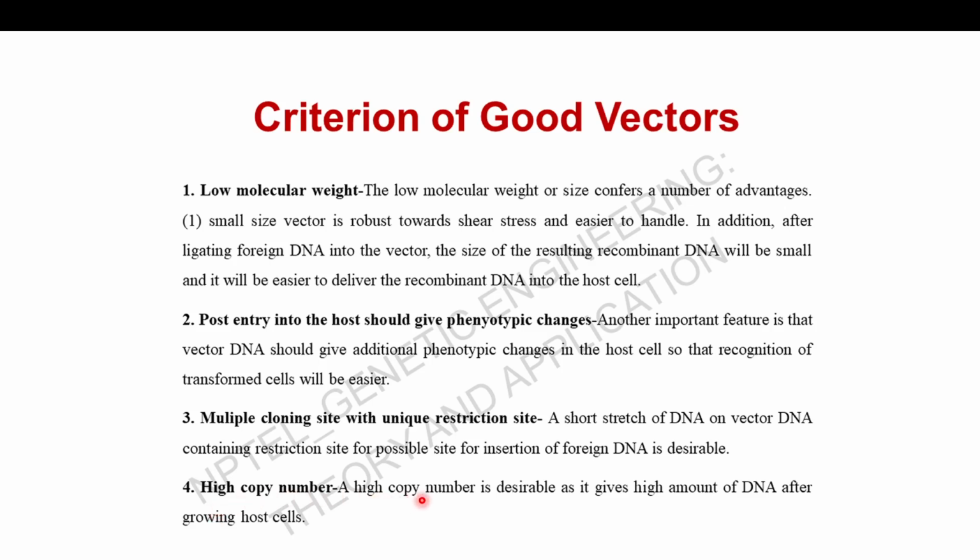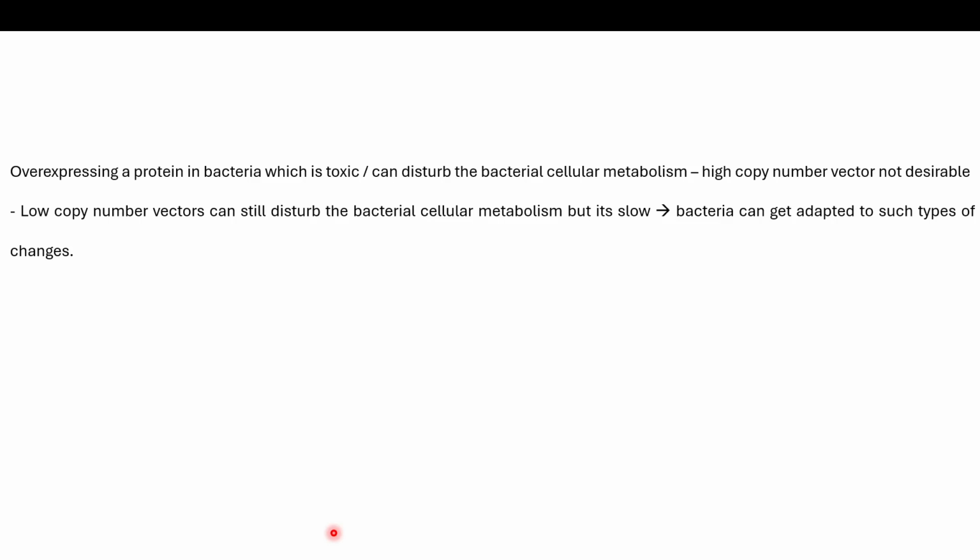And high copy number. A high copy number is desirable, which can give a high amount of DNA after growing host cells, but there are certain conditions or criteria where you should be aware of the copy number of the vector that is being used. So suppose in cases where you want to overexpress a certain protein in bacteria, and that protein can be of some other origin, from insect cells, from a mammalian source, or a yeast source, and you want to express that particular protein in bacteria.